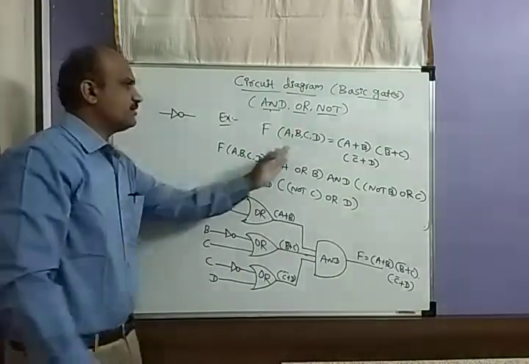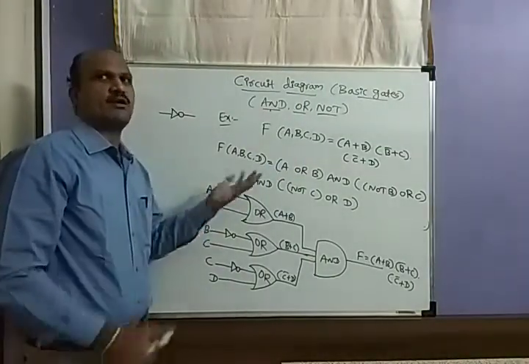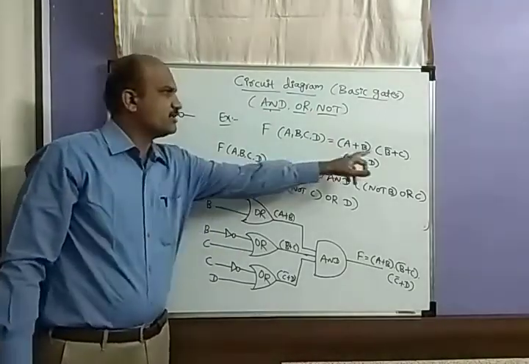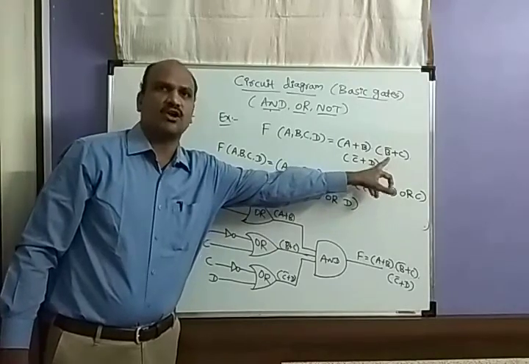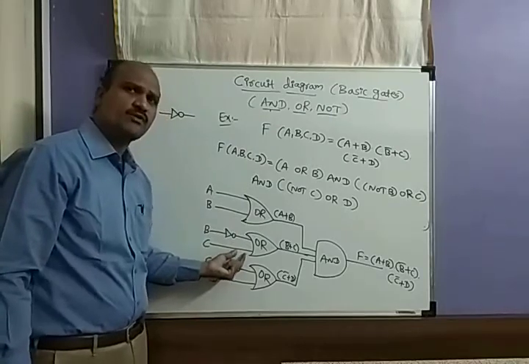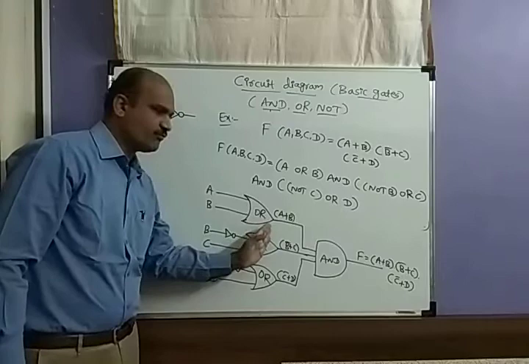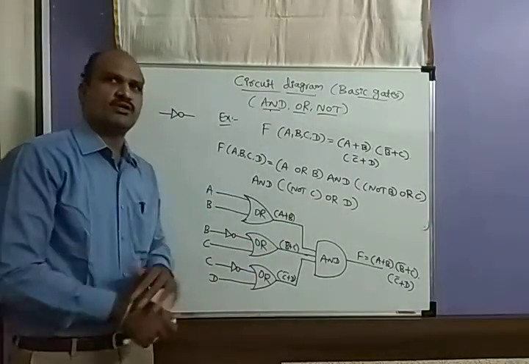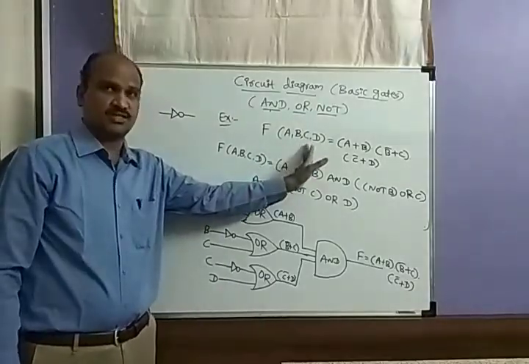Okay, whatever they give, OR inside and AND outside, or AND inside and OR outside, the important thing is which variable has the NOT symbol. You should draw the NOT for that particular variable in the circuit diagram. Okay, so today we discussed the circuit diagram for a Boolean expression.